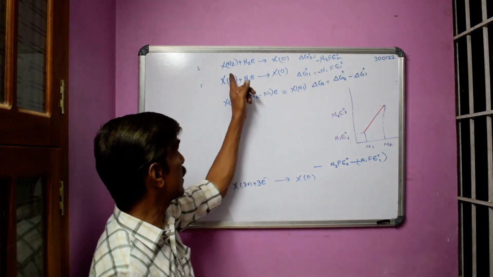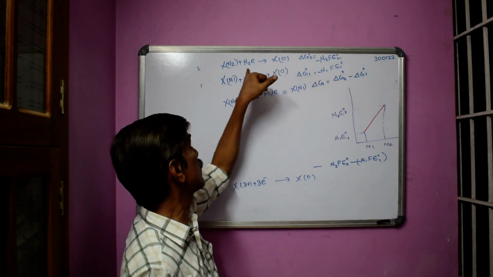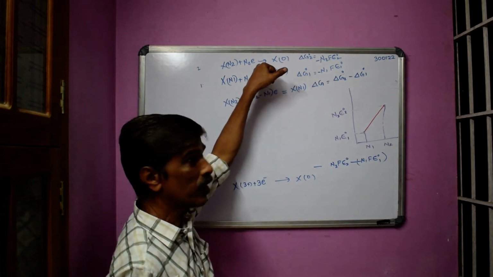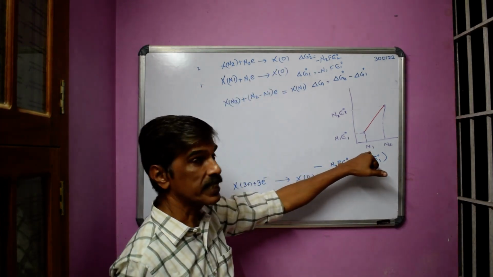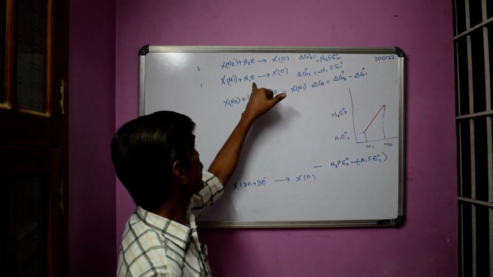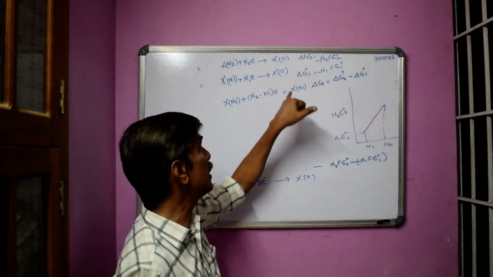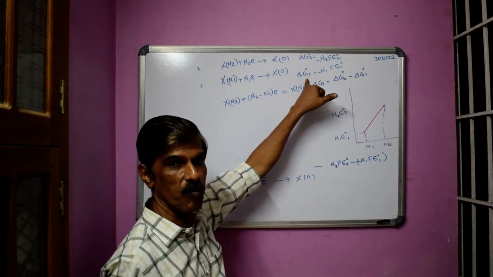And the redox pair involving xN2 and x0 will have a potential equal to E02. Similarly, for the oxidation state N1, we have x in the N1 state plus N1 electrons going to x in the 0 state, and for that one it has delta G01.